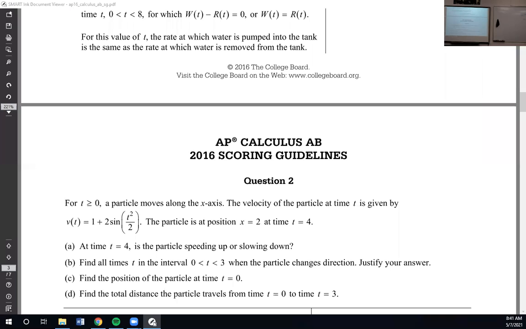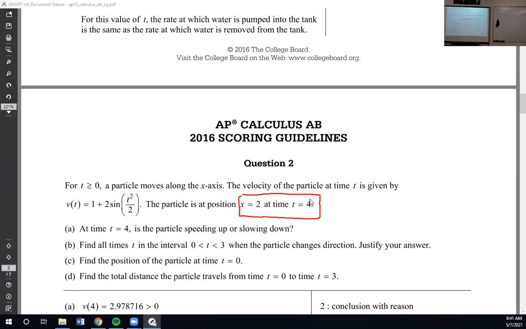Number 2 here gives you the velocity function. It gives you an initial position at t equals 4. Our position is at 2. So at t equals 4, is the particle speeding up or slowing down? Remember, speeding up or slowing down is determined by velocity and acceleration.